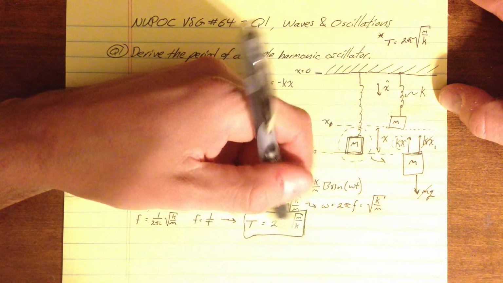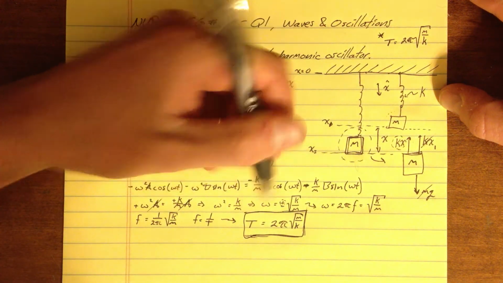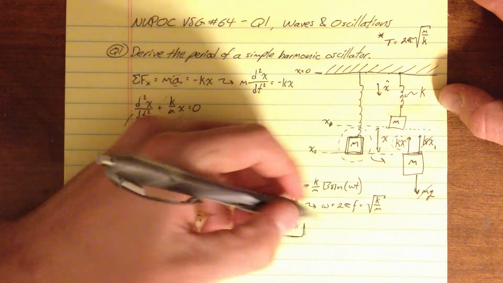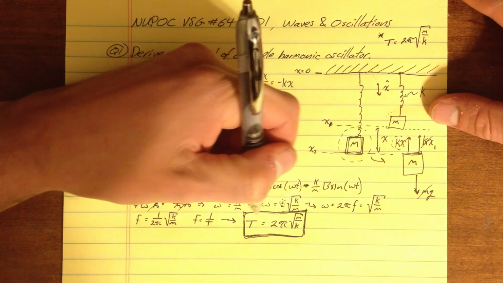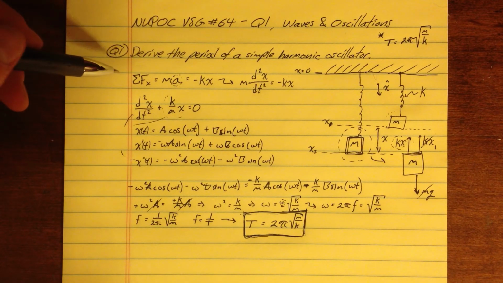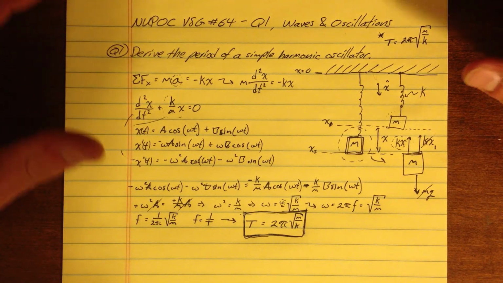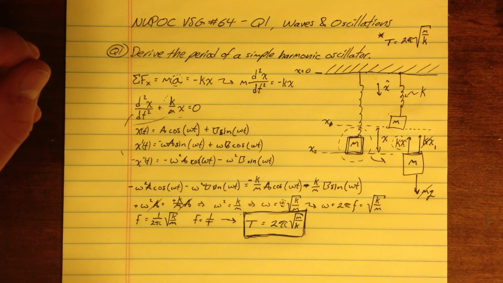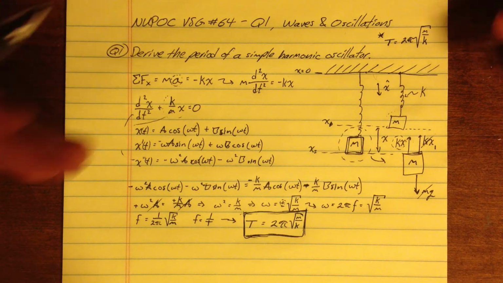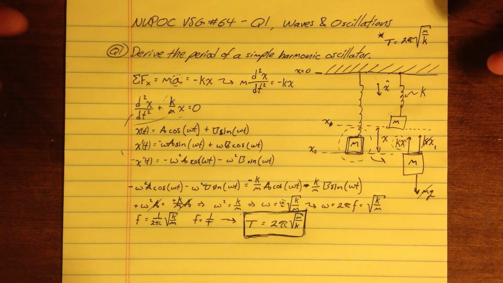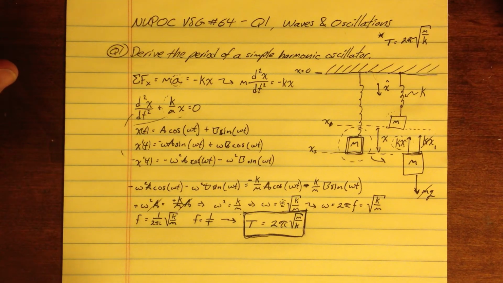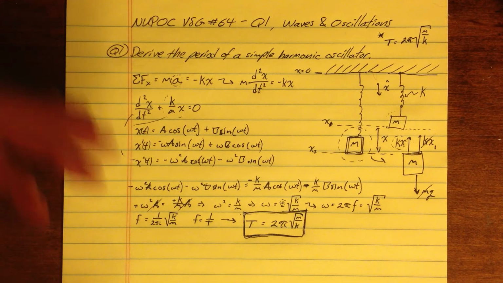So that's a pretty quick run through deriving the period of a simple harmonic oscillator. I'll probably do another video where we do the derivation of the period of a pendulum as well. But this is a very traditional, fundamental, good to know engineering problem, because a lot of vibrations and oscillations and waves kind of build on this fundamental principle of oscillation and acceleration back and forth.